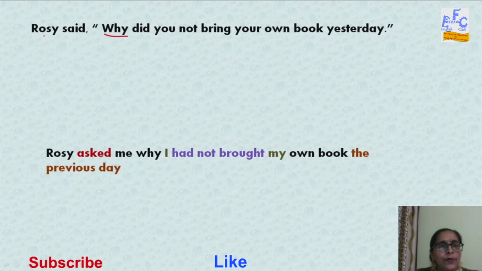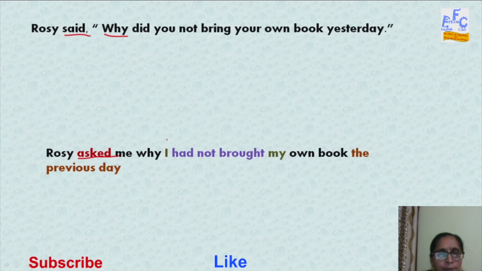So, we have changed the reporting verb said to the reporting verb asked. Rosie asked me, as this you tells that this question is raised to the listener. So, the listener here is the second person pronoun and it will be converted into the first person objective pronoun. So, Rosie asked me.